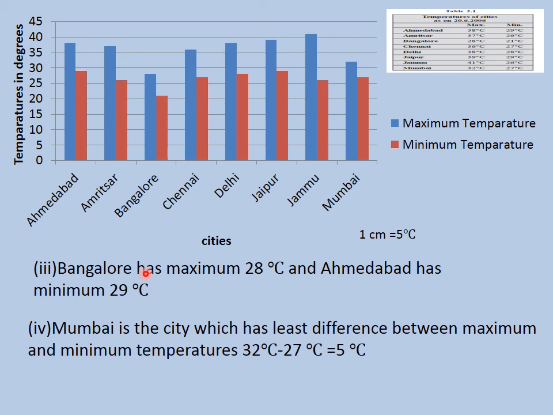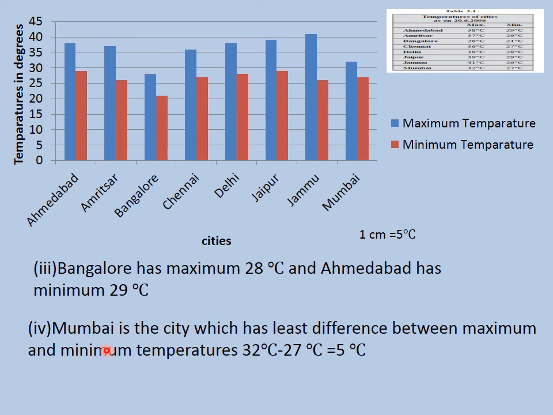Bangalore has a maximum of 28 degrees centigrade and Ahmedabad has a minimum of 29 degrees centigrade. So Bangalore's maximum temperature is less than Ahmedabad's minimum temperature.